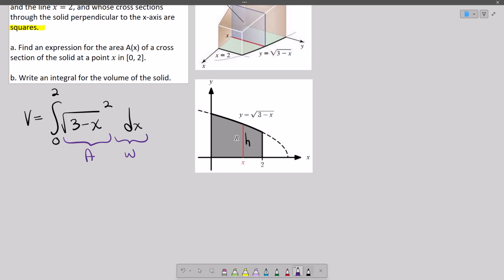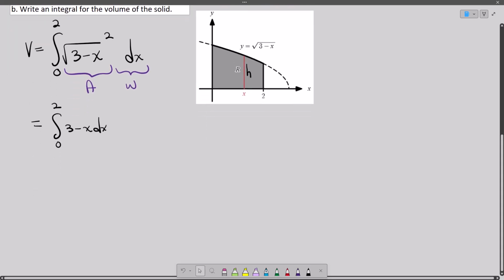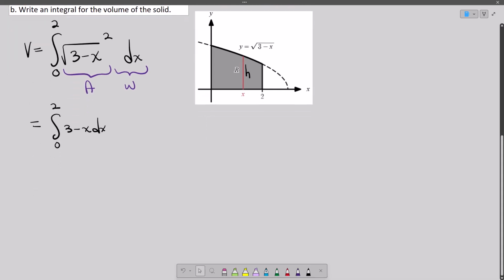All right, so this simplifies pretty nicely. All right, you square the square root goes away, and we've got that. Very simple integral. Integrate 3 to 3x, integrate x to x squared over 2. Limits of integration 0 to 2. That is going to give us the volume of whatever that shape is described as.